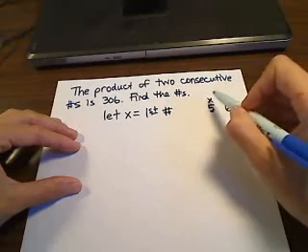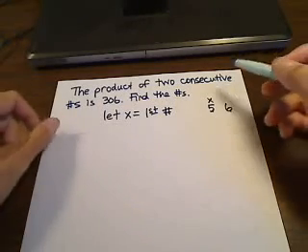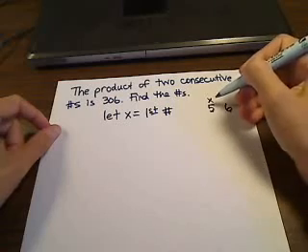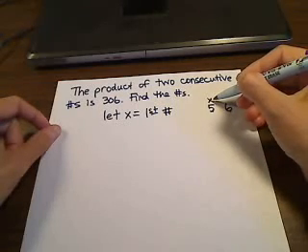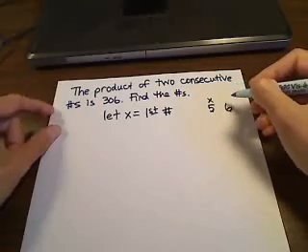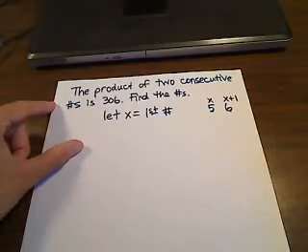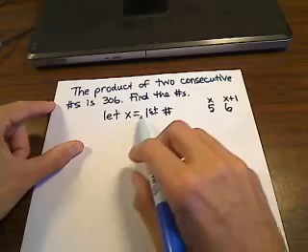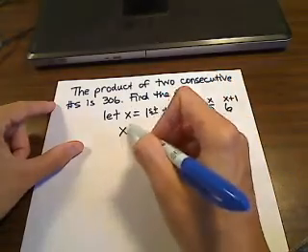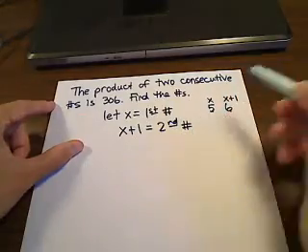So when we're talking about consecutive numbers, we're adding 1 to whatever our variable is. The same is true in the abstract form. If x represents my first number, then x plus 1 represents my second number.